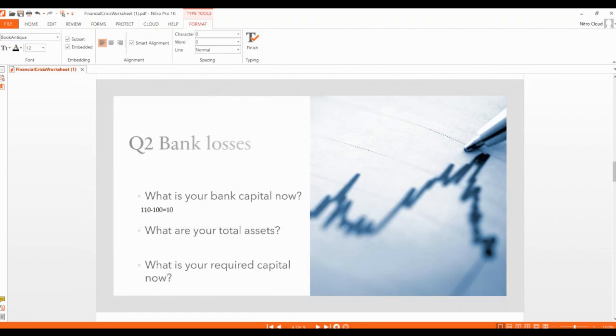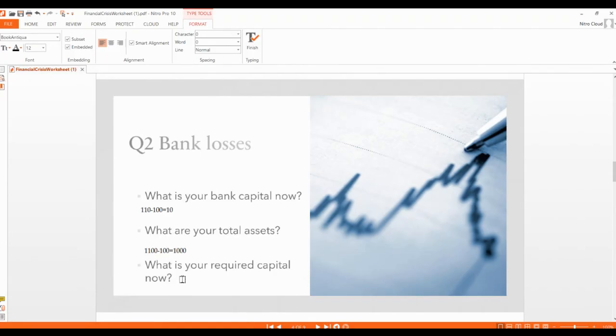So the bank now only has 10 left over. What about the assets? Same thing. The bank started with 1,100 million in total assets. They've lost 100 in value. So what they have left over is 100. Sorry, 1,000.